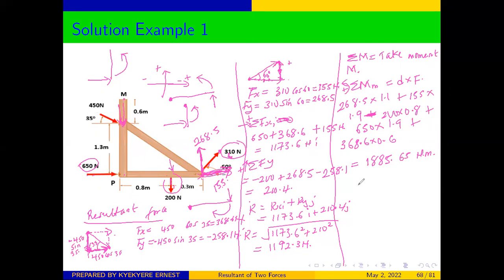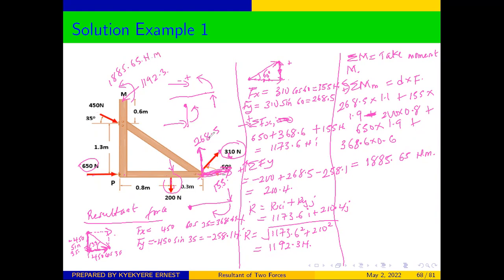So our force couple system at M is going to be like this. All the forces on this system can be reduced to a single force and a single moment at M. The single force gives us the resultant, which will be 1192.3, and the moment is going to be 1885.65 Newton-meters.